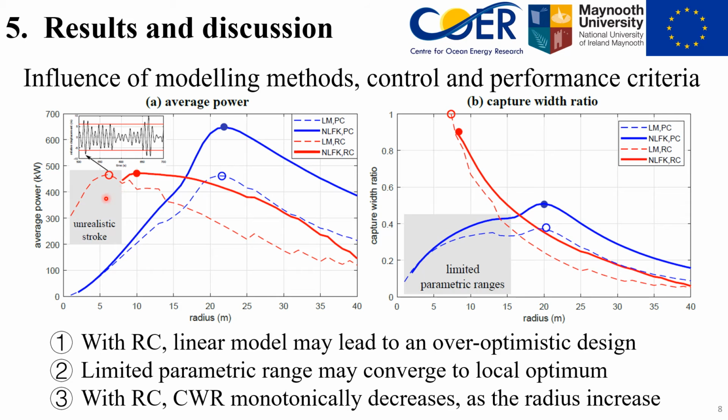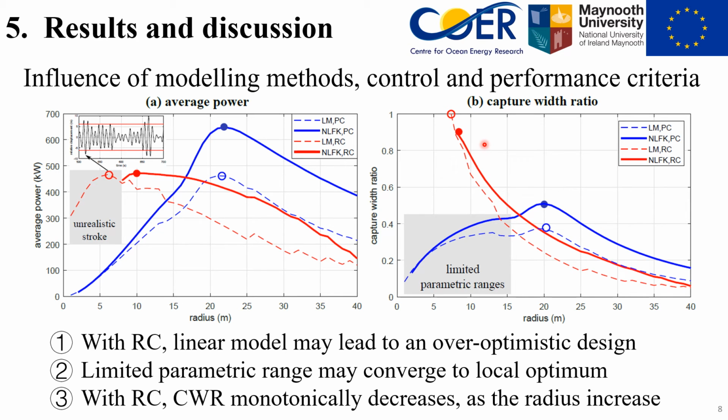In Figure A, the linear modeling method with reactive control may mislead the design as the heave motion exceeds the physical constraint. In Figure B, the linear and the nonlinear modeling methods with passive control have a global optimum and a local optimum. If the parametric range is limited, the results may converge to a local optimum rather than the global one.